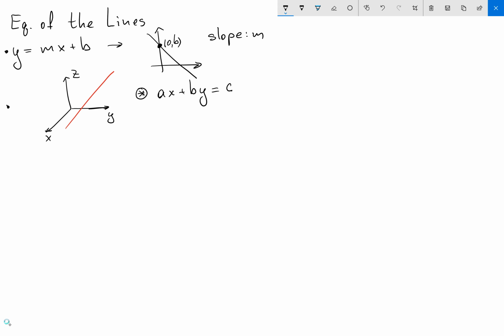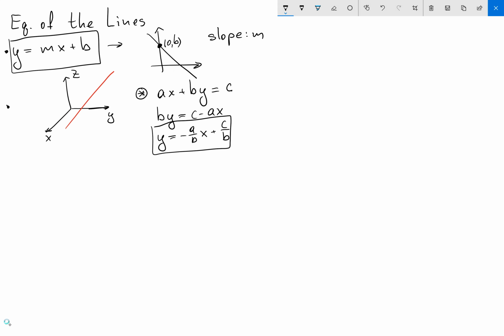So we can get our equation y equals mx plus b by moving ax to the right-hand side, so we'll have by equals c minus ax, and by dividing both sides by b, m is going to be negative a over b, and our b is c over b.